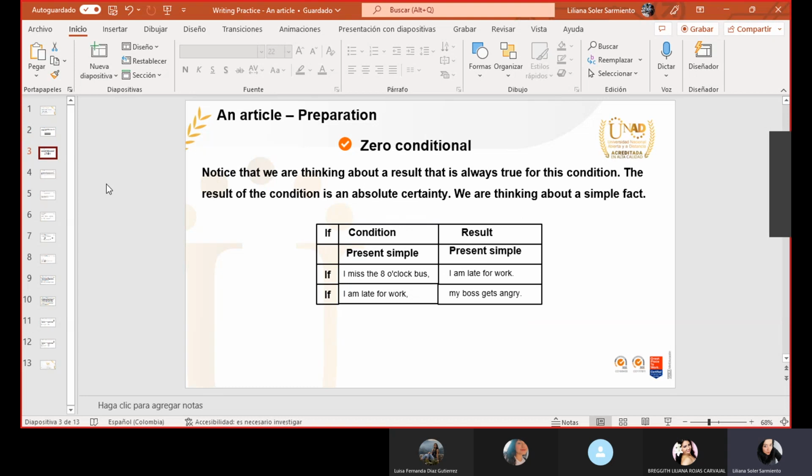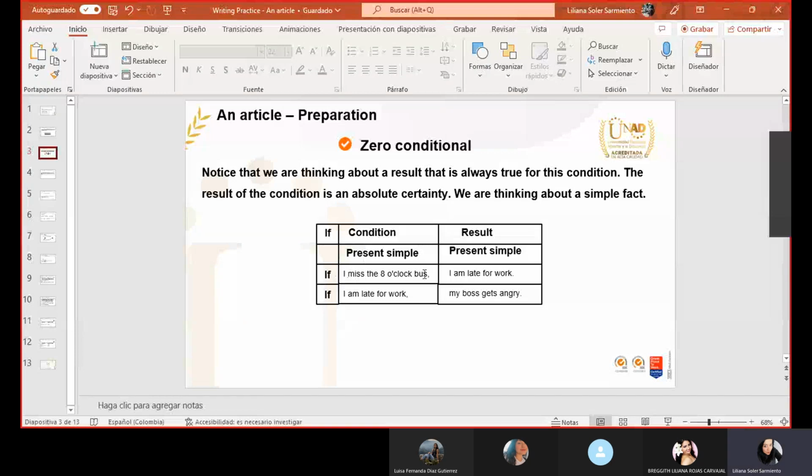Okay, continue. Notice that we are thinking about a result that is always true for this condition. The result of the condition is absolute certainty. We are thinking about a simple fact. For example, if I miss the 8 o'clock bus, I'm late for work.